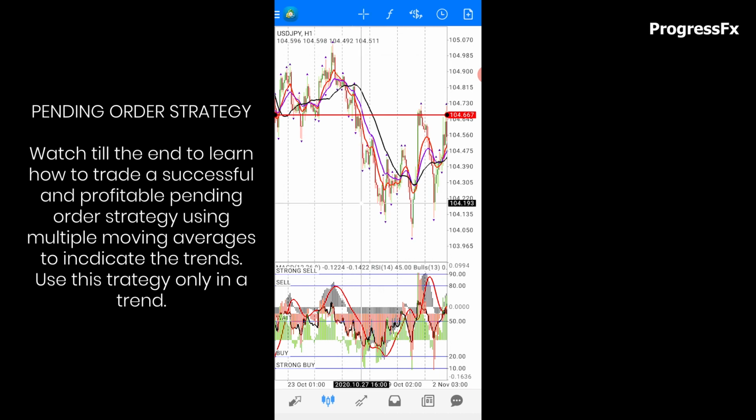Set your TP at a proper area, a reasonable place, set your stop loss just like you are told, and boom, definitely your TP will hit.